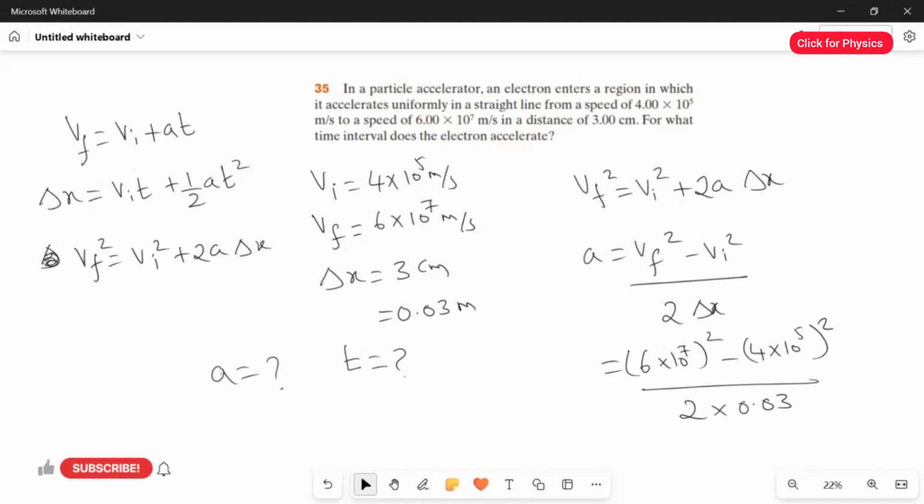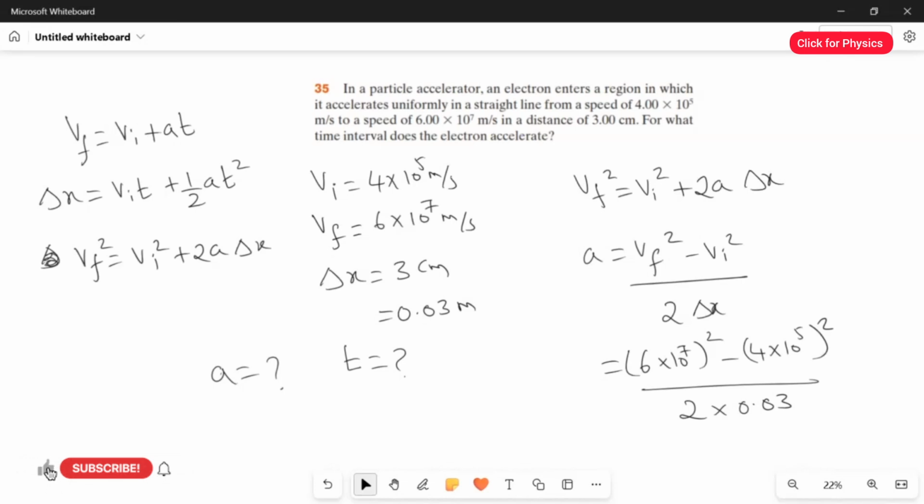Let's see what will be the answer for acceleration. 6 × 10^7 squared minus 4 × 10^5 squared divided by 2 multiplied by 0.03.